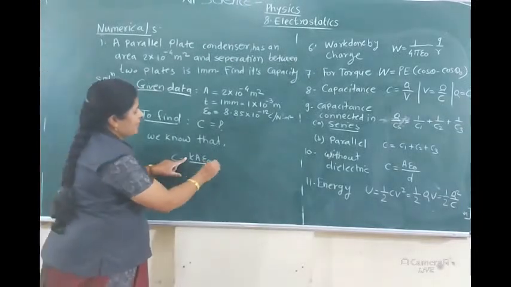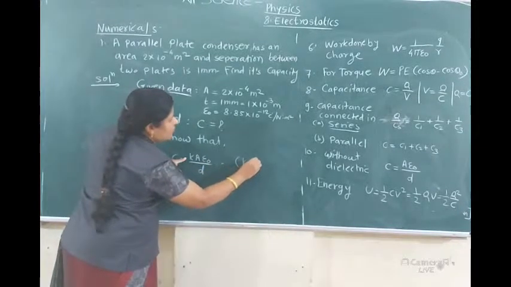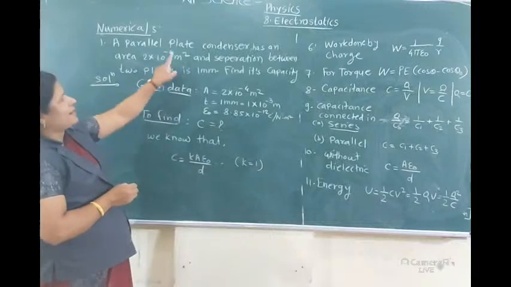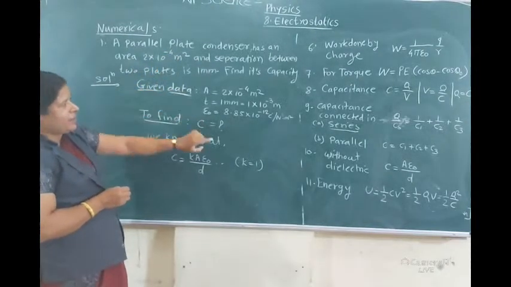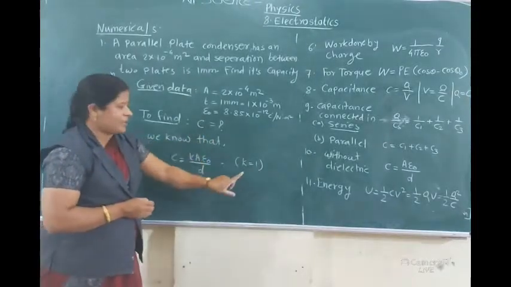For air medium, we know that K is equal to 1. The parallel plate condenser has an area 2 into 10 raised to minus 4 meter square. That means K is equal to 1.